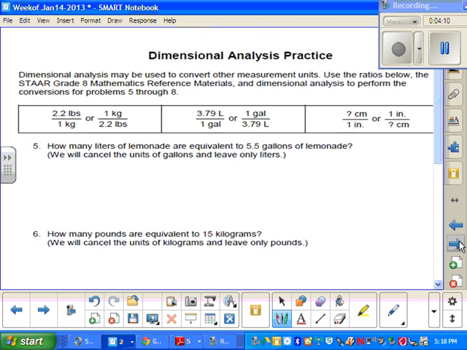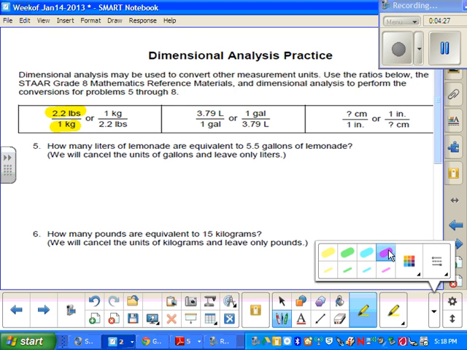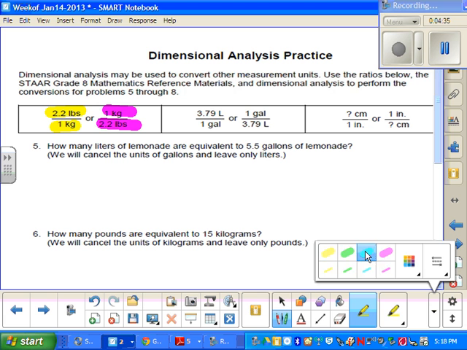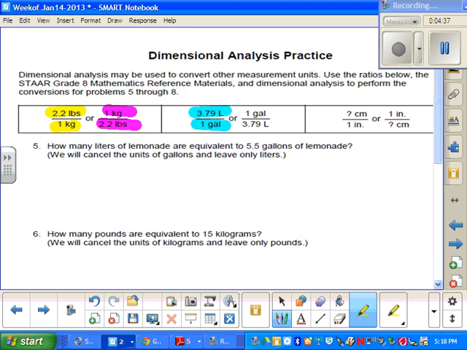The back page, it talks about your star chart and how it gives you some dimensional analysis on your star chart. And they've given you 3 here. We've got pounds to kilograms, and flipping that ratio, we've got kilograms to pounds. These mean the same thing. It's just different ways of saying it. Then we have liters to gallons and gallons to liters.